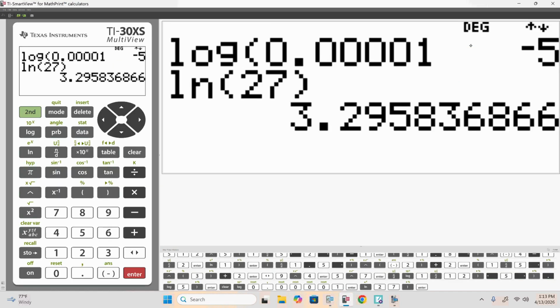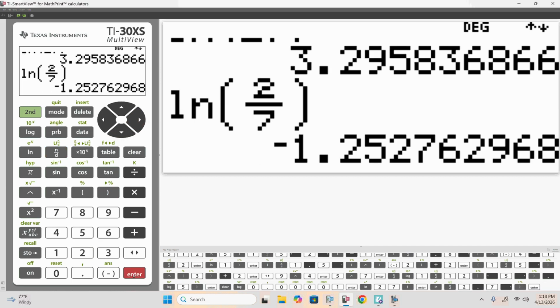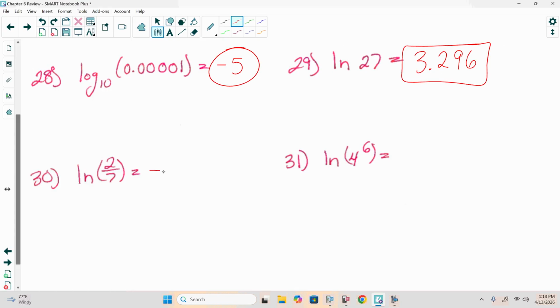30. Natural log of 2 sevenths is negative 1.252762968, or negative 1.253. And I'd say no matter how crazy the number gets or the expression gets, I'd type it in exactly as I see it, including all sets of parentheses that they give me.